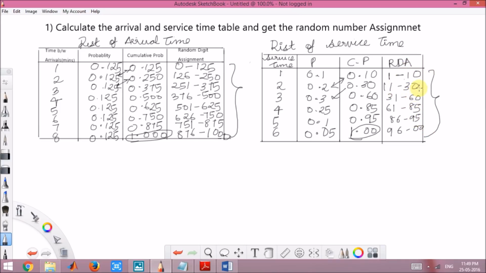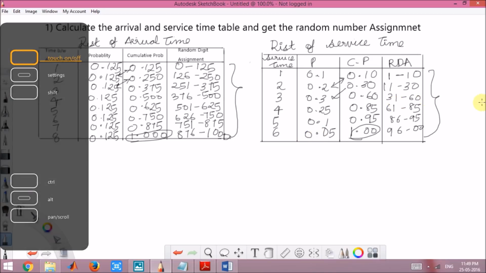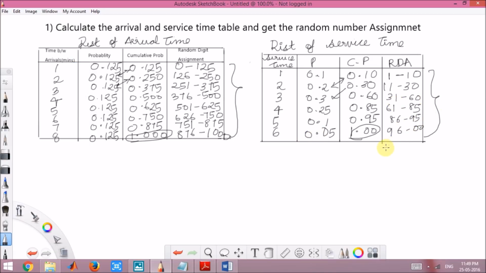Using this, we can calculate where the particular random numbers that have been given to us lie in this service time. Okay, so our next step, that is step 2, would be determining time between arrival. So we have been given some random numbers, right?